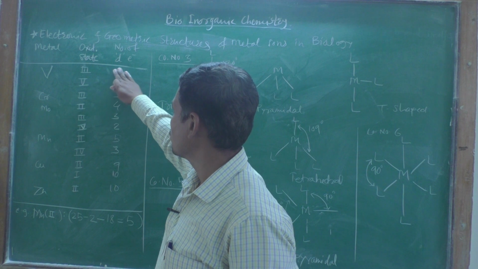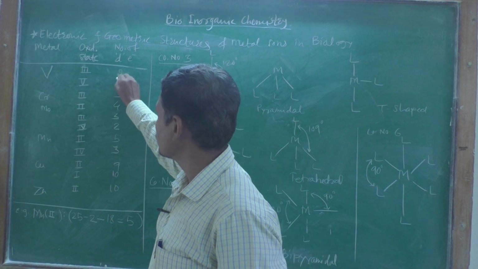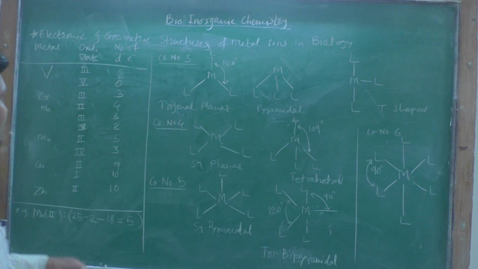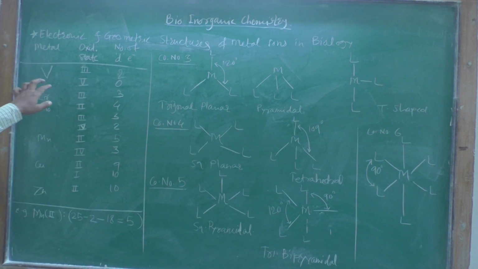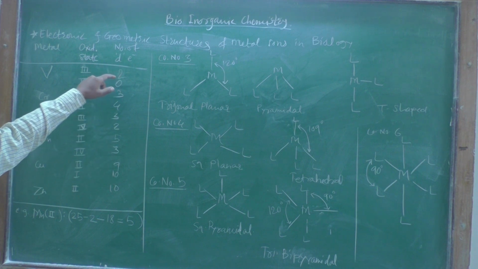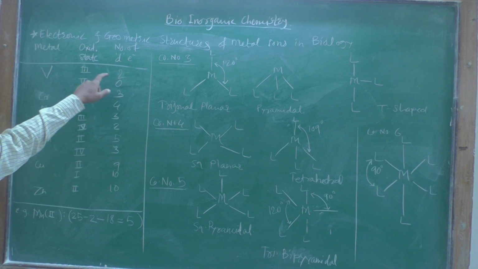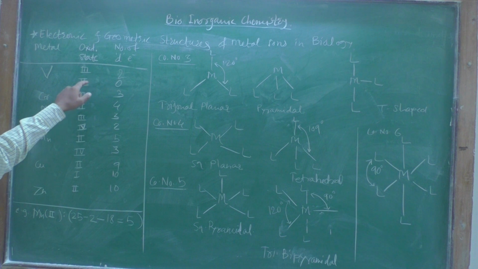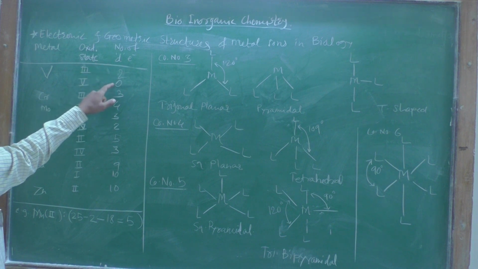For example, here is the vanadium metal cation. When vanadium exists in the +3 oxidation state, the number of d electrons in vanadium 3+ is 2. In the vanadium 5+ oxidation state, the number of d electrons is 0.